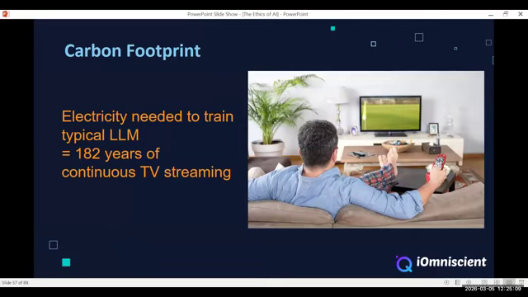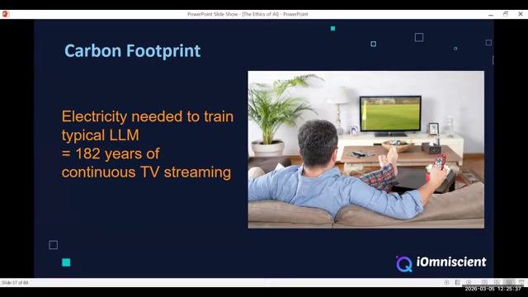You know that LLMs require a large amount of electricity to train. That's why people are building these huge data centers. Google estimated that for them, a typical LLM requires the same amount of electricity as it would take to power a TV set for 182 years.